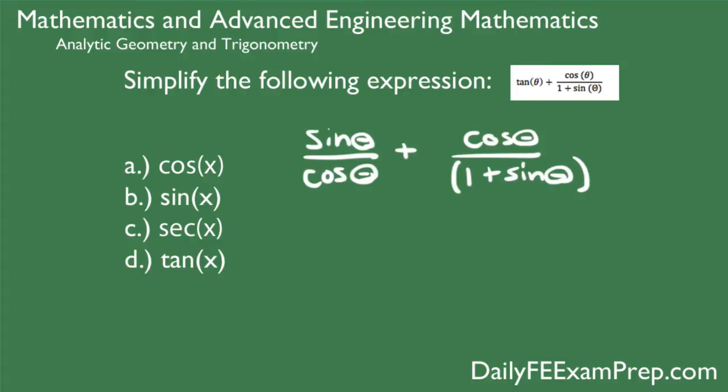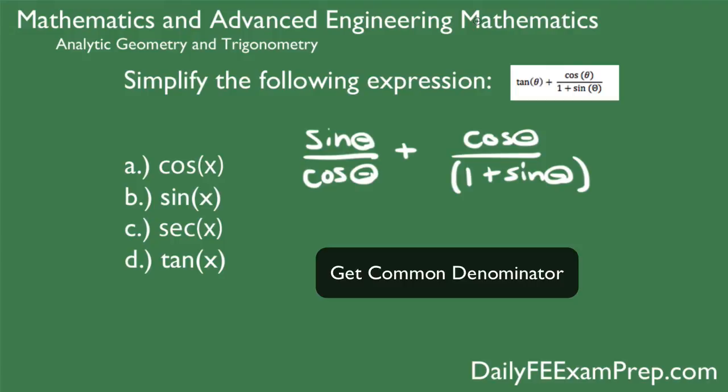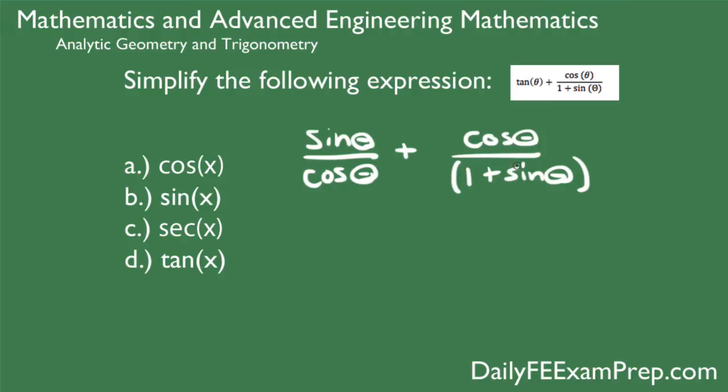We're going to multiply each fraction by the opposite denominator as a factor of 1. For sine theta over cosine theta, we multiply by 1 plus sine theta over 1 plus sine theta. It's completely legal; it's just getting a common denominator. And for cosine theta over 1 plus sine theta, we multiply by cosine theta over cosine theta.